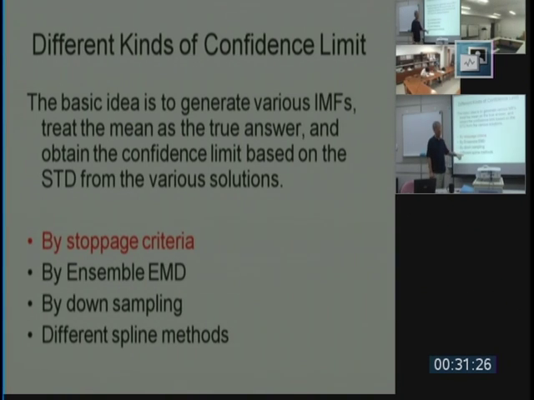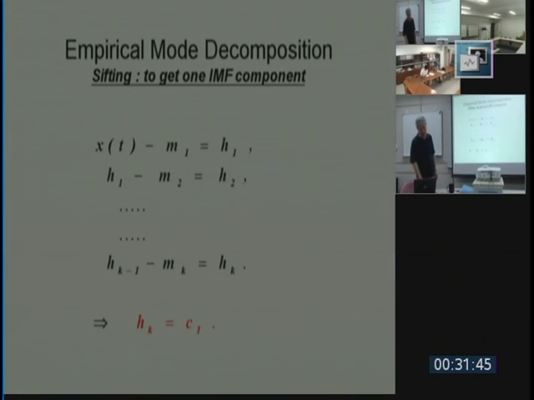I've never tried this. We have indeed compared different splines, but the difference is small, so we didn't do a systematic check of this. But these are all possibilities that you can use to generate ensemble members.